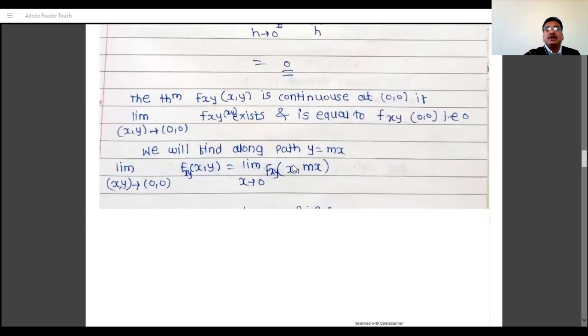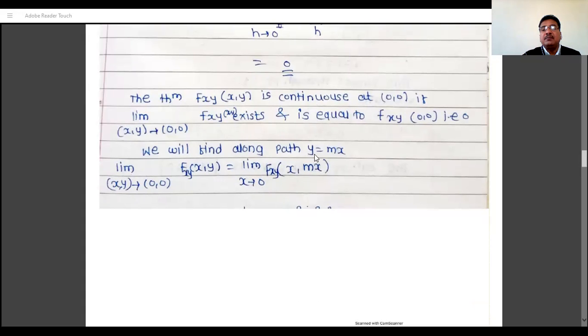So take y equal to mx as the path. The theorem is that fxy is continuous at (0,0) if the limit of fxy as (x,y) tends to (0,0) exists and is equal to fxy(0,0).